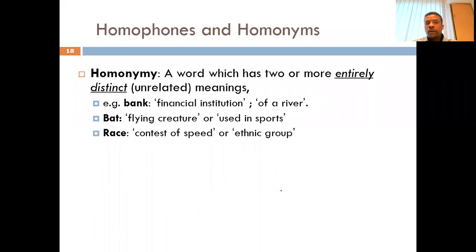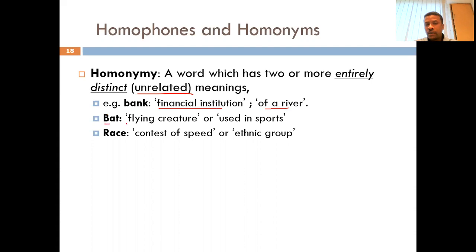So what we call homonymy is words which have two or more entirely distinct, totally unrelated meanings. So it means the word is the same, the spelling is the same, the pronunciation is the same, but it can have multiple meanings beyond one. Okay, so if you see the word bank, it can be the financial institution or the river bank.